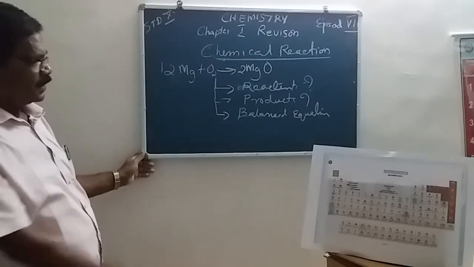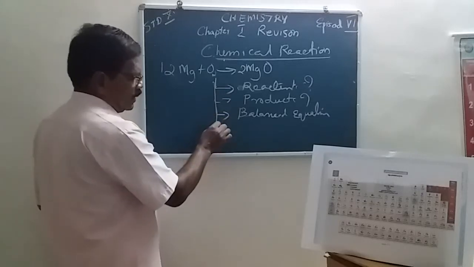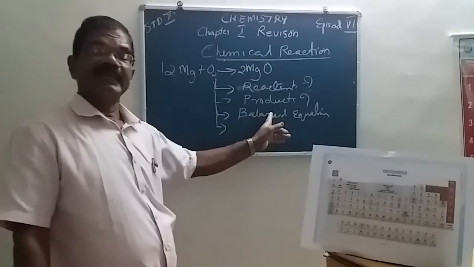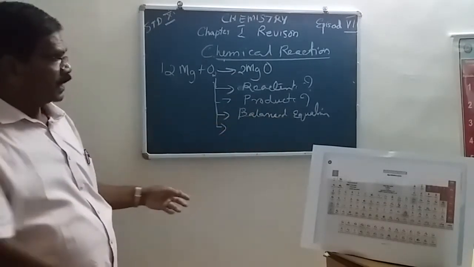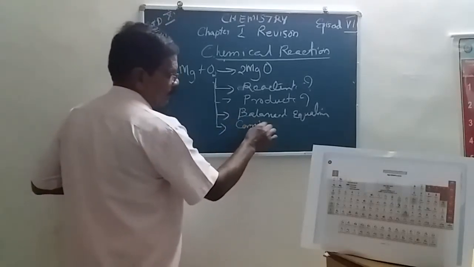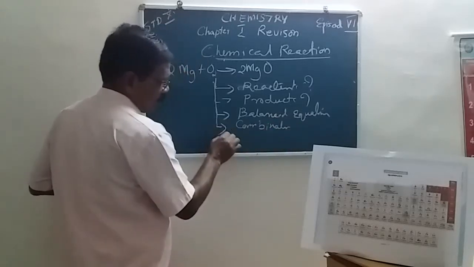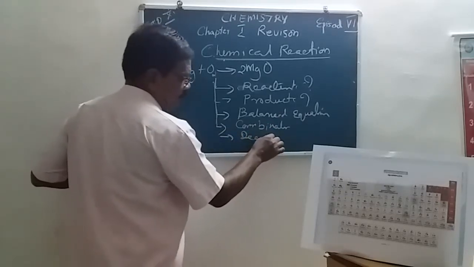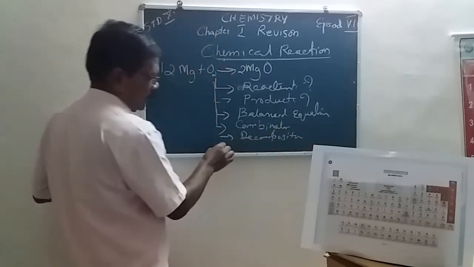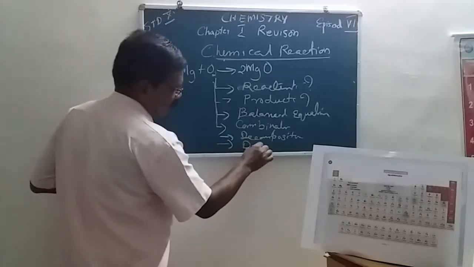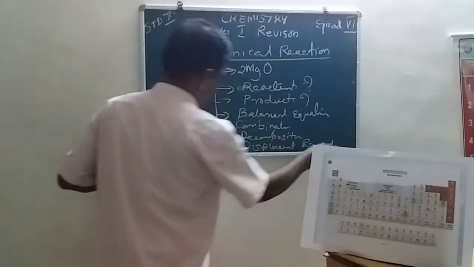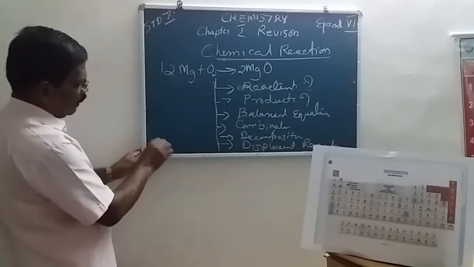Again, we can classify this. It can be noted what type of reaction it is. What type of reaction means whether it is a combination reaction, or decomposition reaction, or displacement reaction, or double displacement.